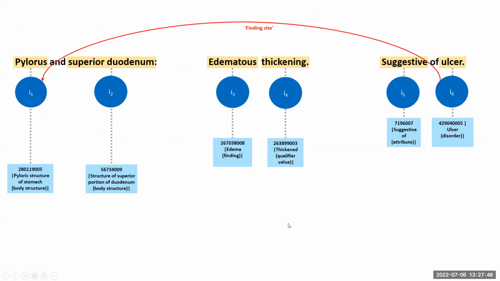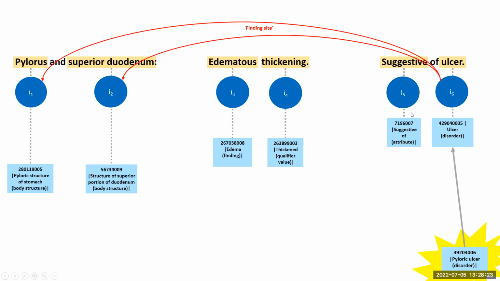And we also know that for ulcer, there are so many ulcers, from the cornea to the toe, we can have ulcers at many locations, and therefore ulcer disorder is just a very useless concept here. But it's not useless for us, because we know that it refers to something which refines it, for instance here pyloric structure, or here structure of superior portion of duodenum.